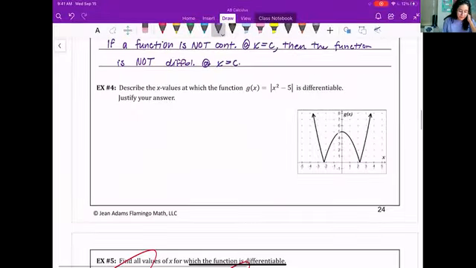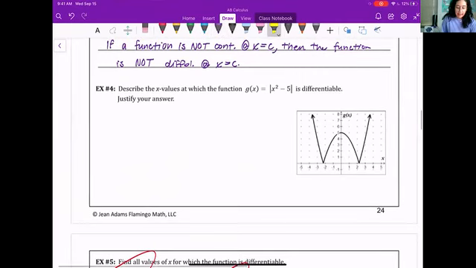Okay. Describe the x values at which the function is differentiable. We've got g of x equals the absolute value of x squared minus 5. Okay. Again, anytime you're seeing an absolute value function, you know that it's going to have that cusp, that sharp turning point. Okay.